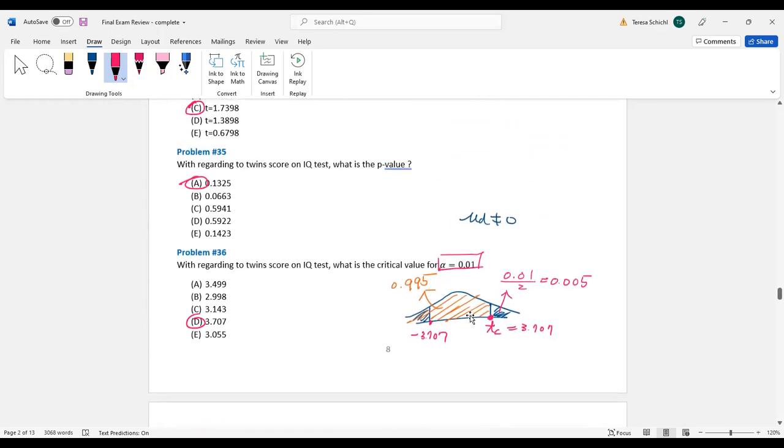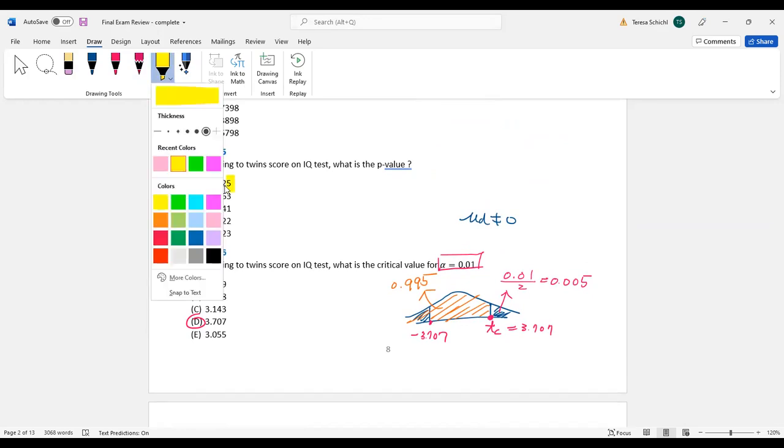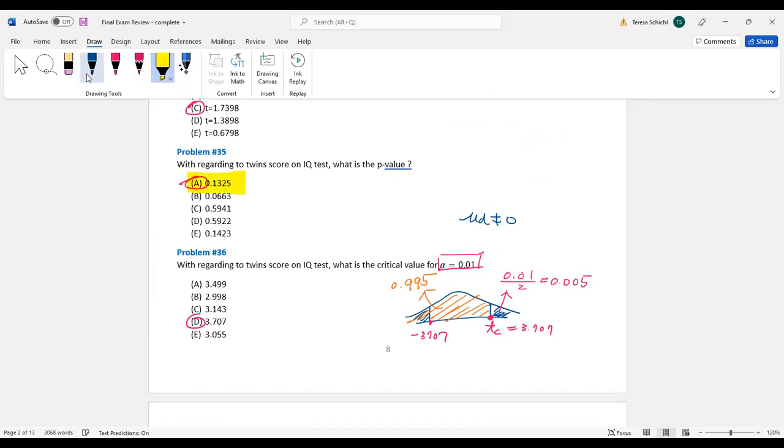Okay, so now with regard to the twin IQ test, what is the conclusion? The conclusion is based on the p-value, which is 0.1325, way greater than 0.01. So we fail to reject the null hypothesis.